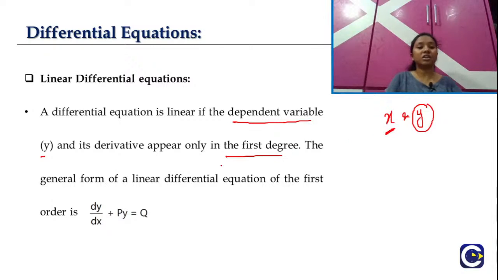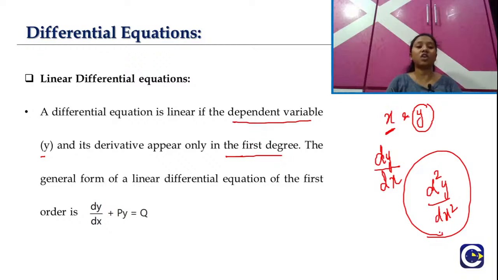In a linear differential equation, the dependent variable must be there and its derivative should appear only in the first degree, which means we should have only dy by dx. We cannot have the second degree, that is d square y by dx square. If it's that format, we cannot categorize it as a linear differential equation.